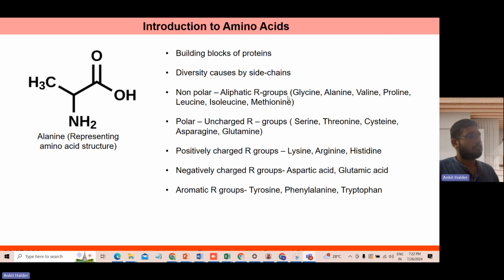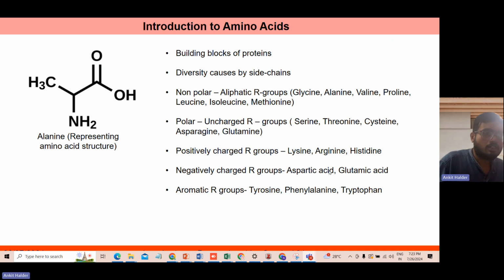There are aliphatic R groups, uncharged R groups, positively charged R groups, negatively charged R groups, and aromatic R groups. The backbone is the same, with the NH2 amine and the COOH carboxyl group, but the change in the type of R chain, branched or not, can make it positively or negatively charged. All this leads to the different forms of amino acids, right?